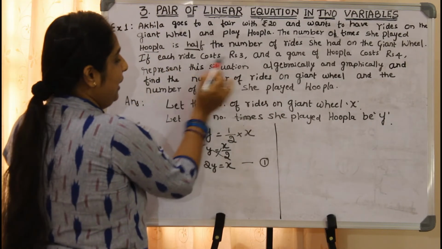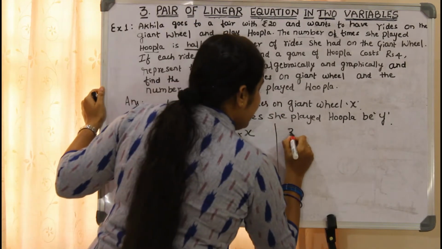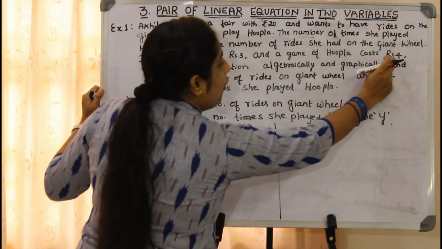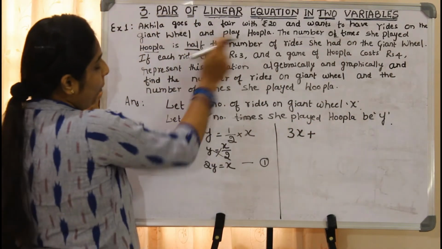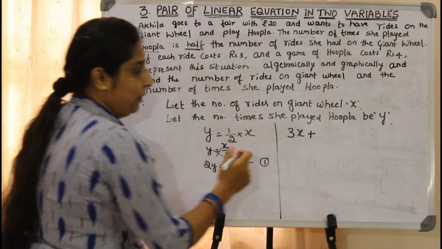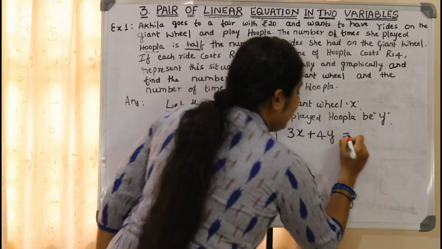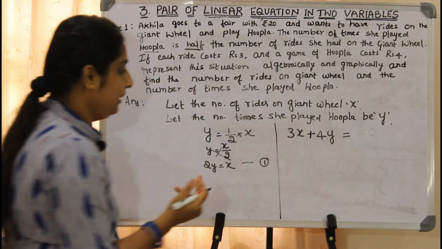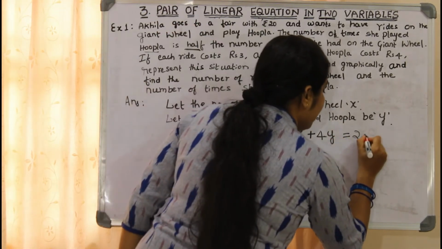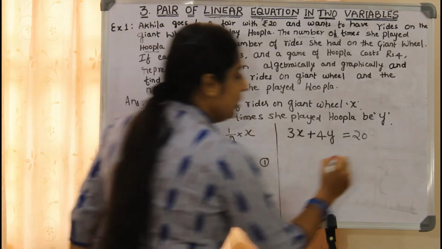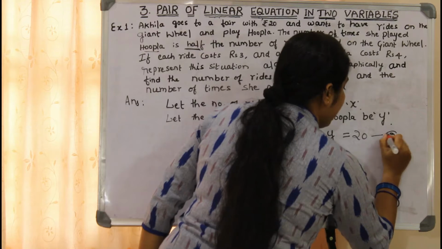Giant wheel ride. 3 into giant wheel ride, that is 3 into x, plus 4 into rounds of hoopla, that is nothing but 4y, should be total how much money she had? That is 20. Okay. So this is your first equation and this is your second equation.